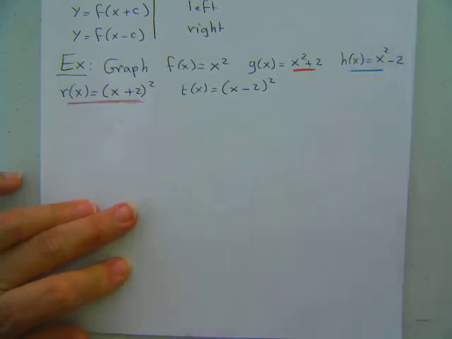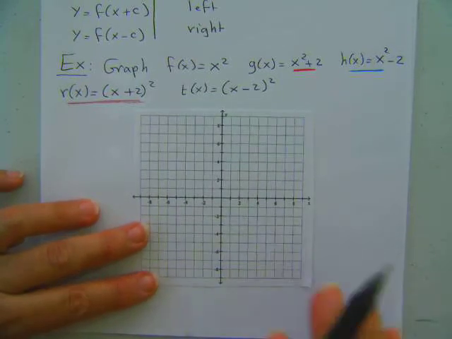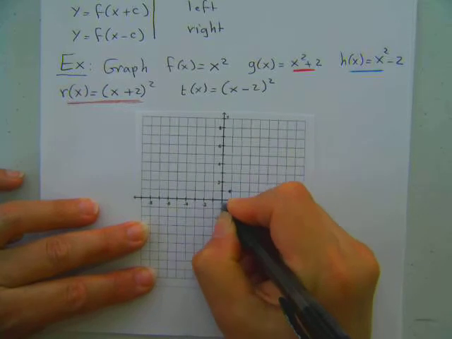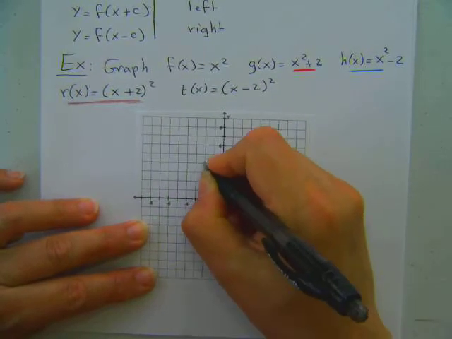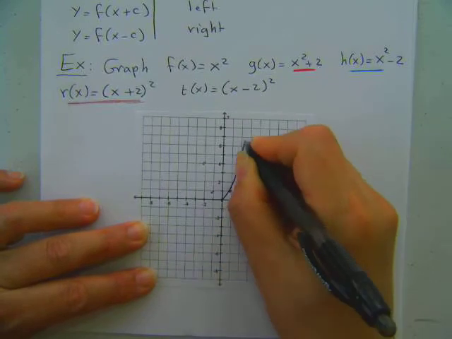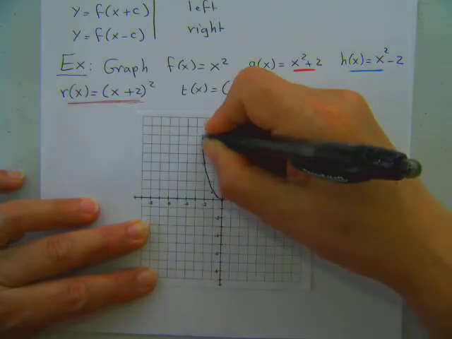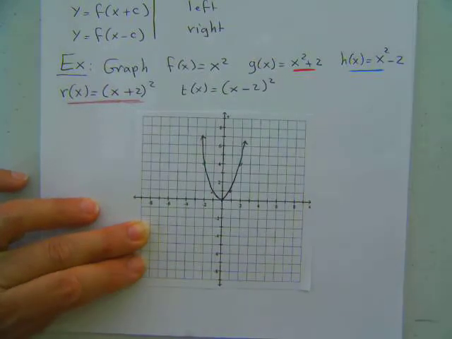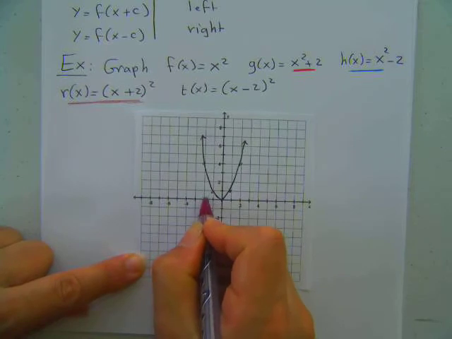Let me do another graph for those, so it will not be too complicated. So here's my original with the black, my original f of x.